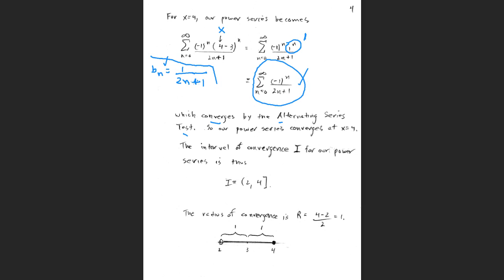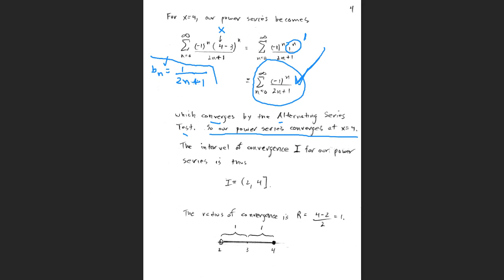That's obvious, and that's true. And so by the alternating series test, this alternating series converges. So our power series converges at x equals 4.